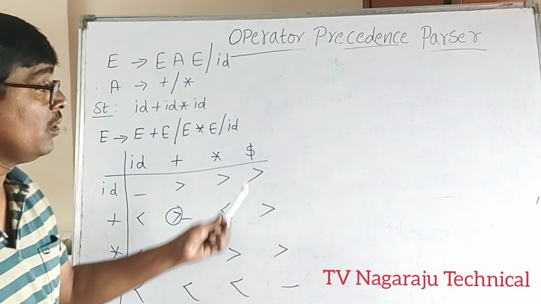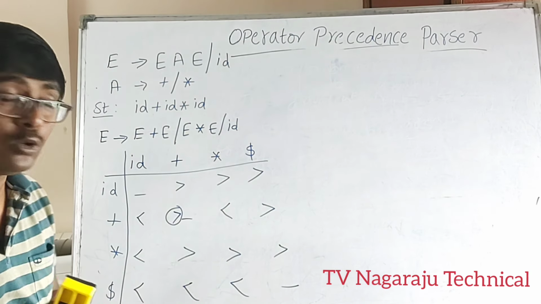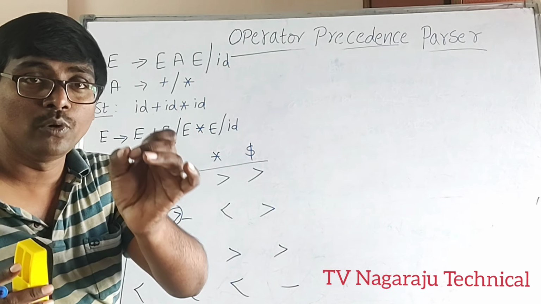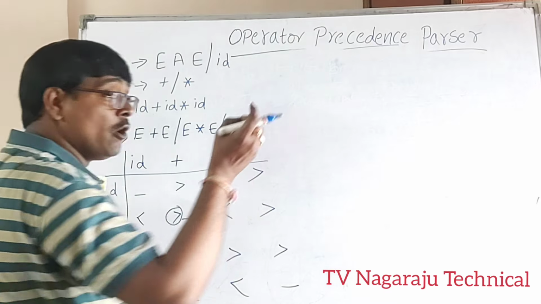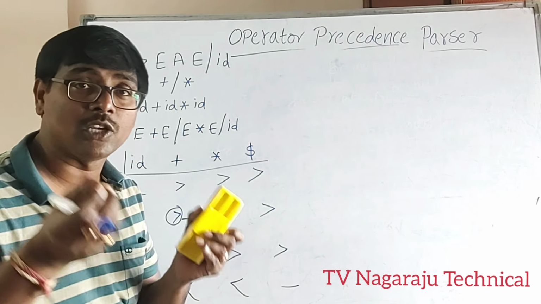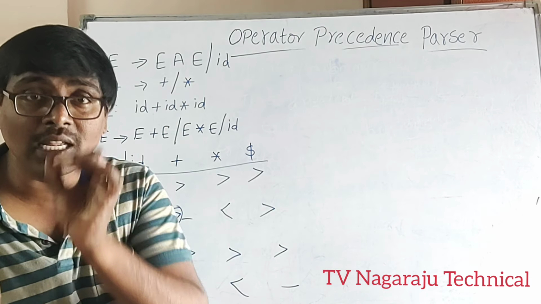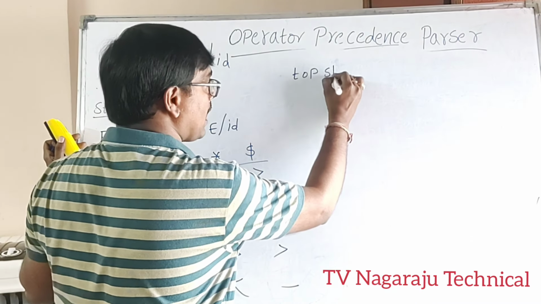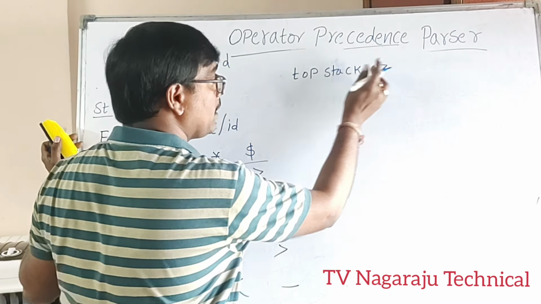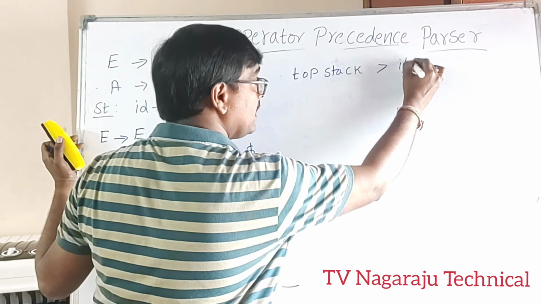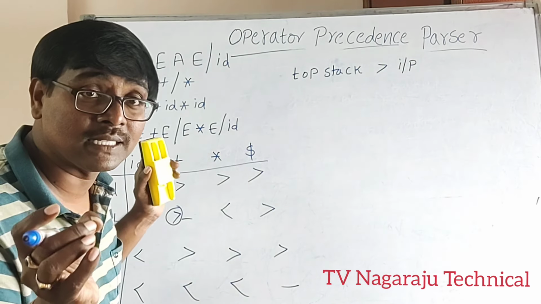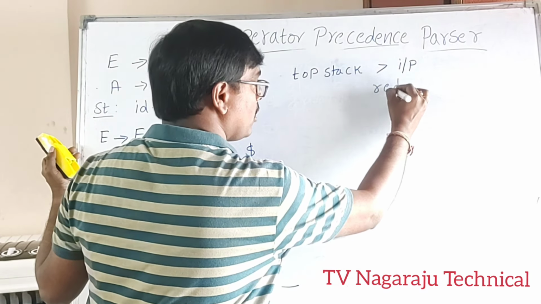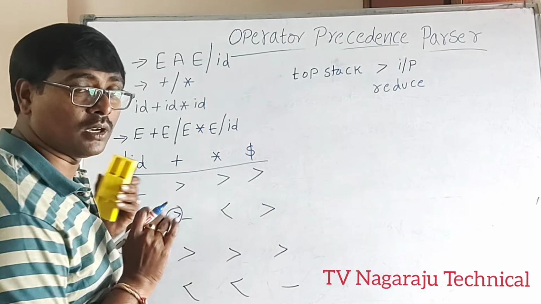Based on this table, now I am constructing the shift reduce parser. Before constructing it, first you need to know one basic piece of information: when we are performing shift operation and when we are performing reduce operation. Clear? If the top of the stack precedence is greater than the input symbol precedence, then we do a reduce operation.